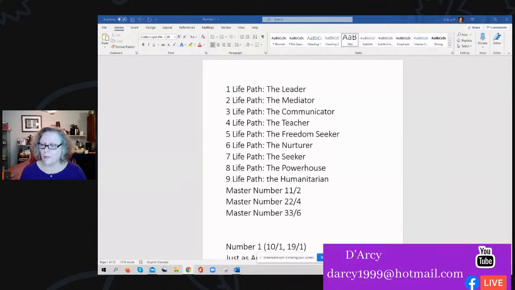So it's just a matter of moving the numbers around. And so, Tracy, based on this, if we look at the numbers, you are 9, a humanitarian, 3, the communicator, 4, the teacher, and 7, the seeker. So that describes who you are. And I use these numbers when I am doing readings.